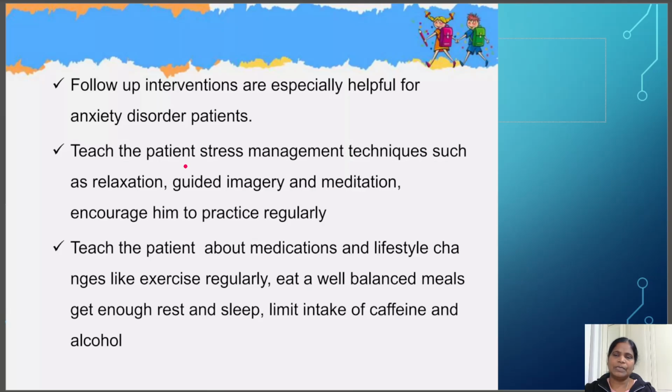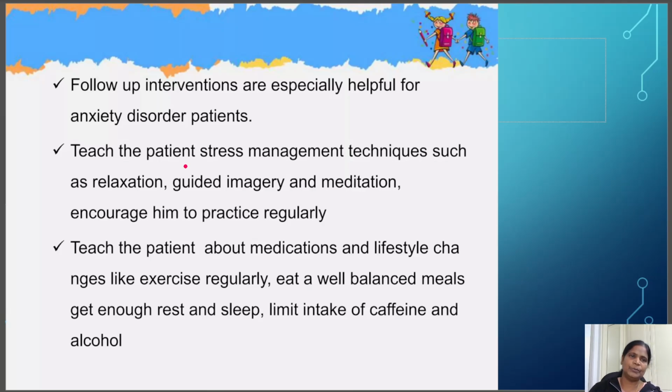Usually they're given an appointment to return for follow up, and during that time we need to teach the patient regarding adhering to the medications prescribed by the doctor and some of the side effects.